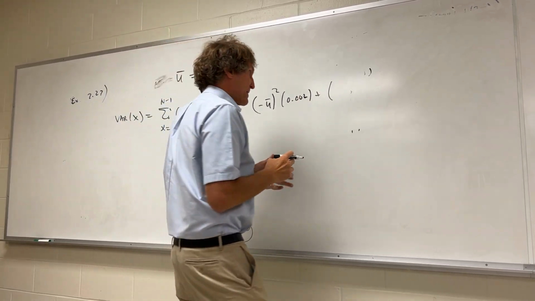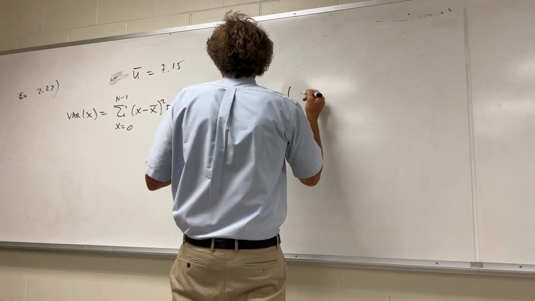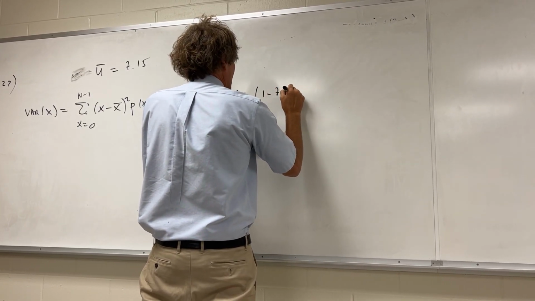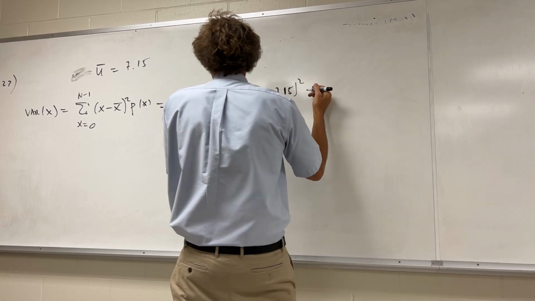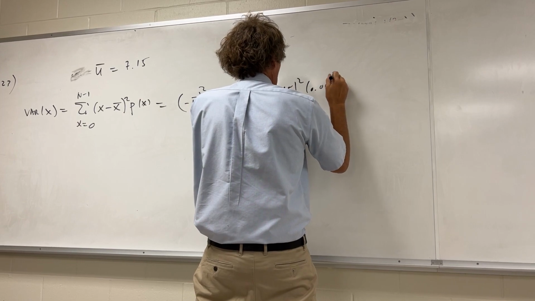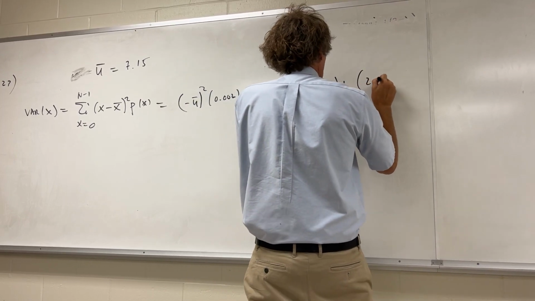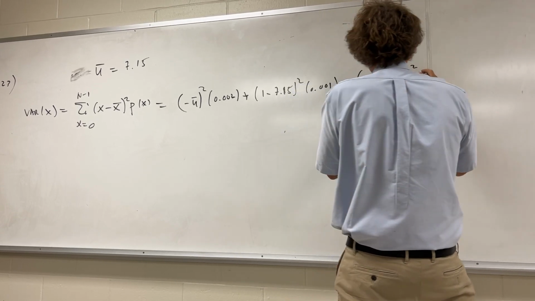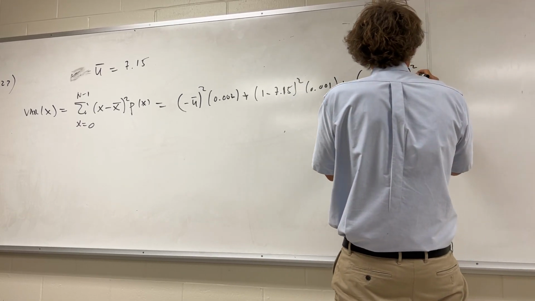Okay, the next value: 1 minus 7.15 squared, what's the probability of 1? 0.001. Times 0.001, plus 2 minus 7.15 squared times 0.002.